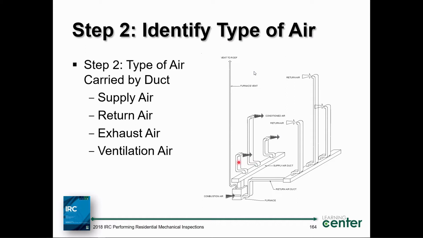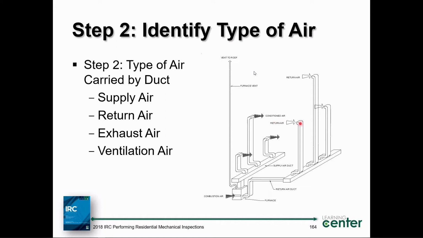We are distributing air into the room by throwing the air out of a diffuser. The amount of cubic feet per minute is calculated based on the heat loss or the heat gain of the room, okay? That's all based on design. So we're looking for the materials, we're looking for good connections, support, and we're also looking at the return side.